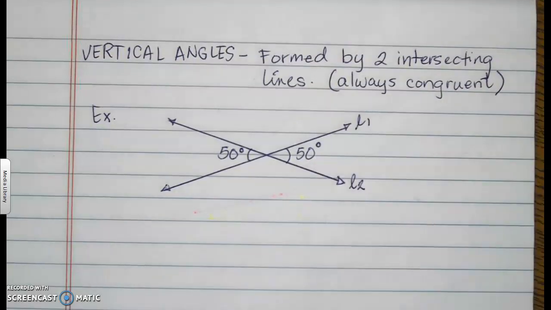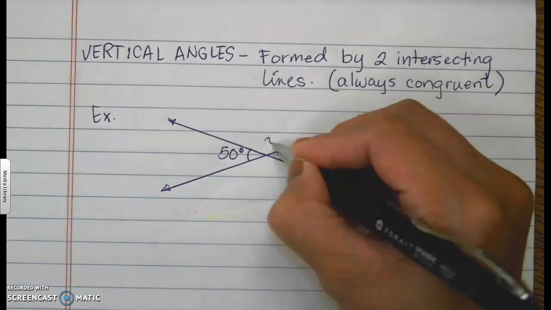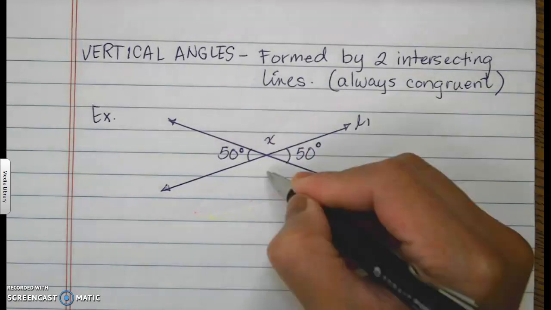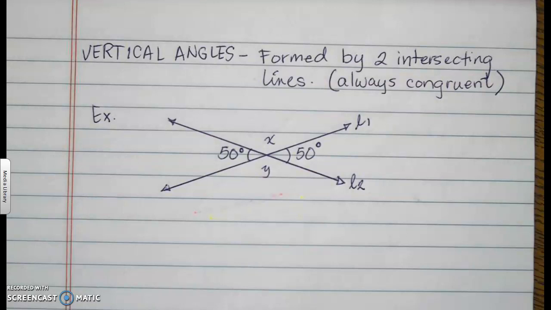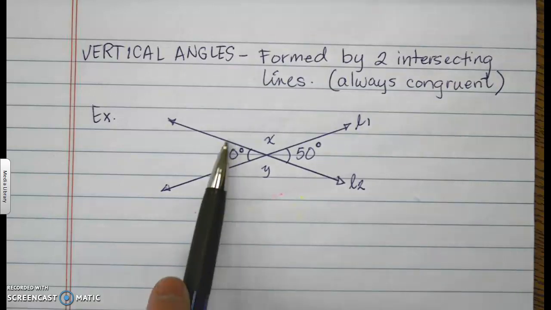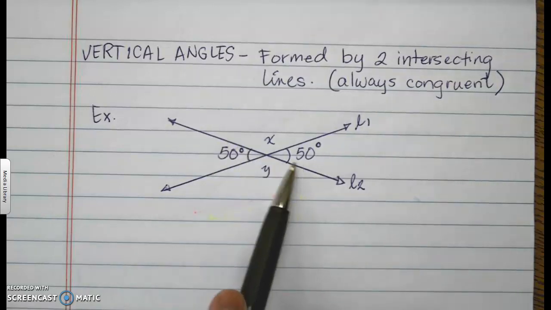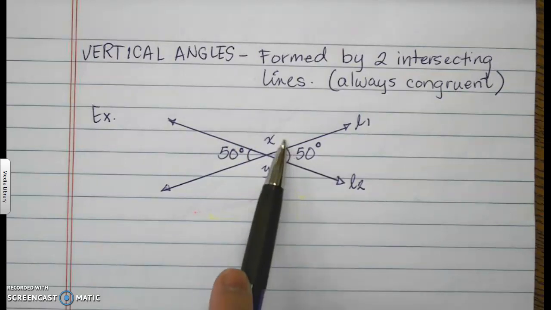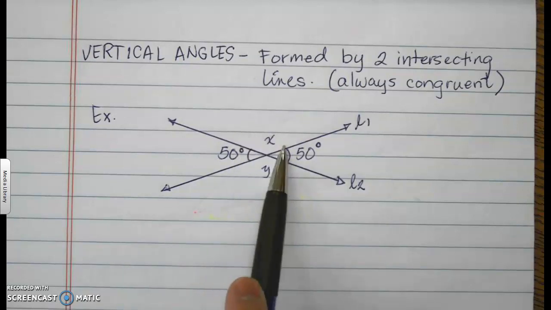Now, there are many ways that you can work this out. Let's say this is X and we're looking for X and Y. How will we work this out? The first way is to look at this like a line. That's a linear pair, and this is 50, and the whole line is 180 degrees, so this must be 130.